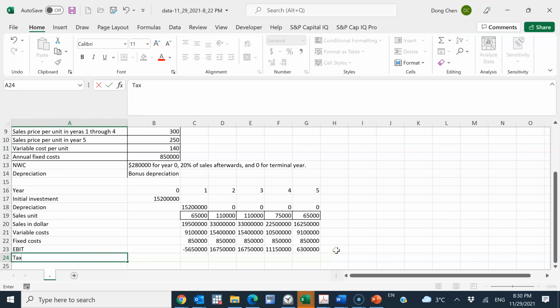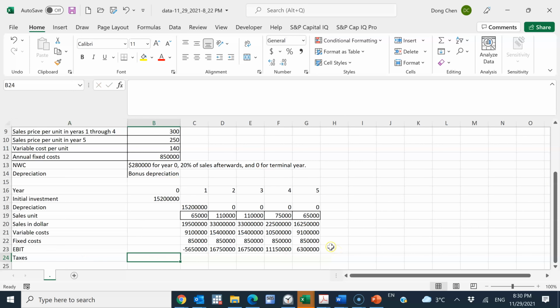All right, so the taxes will be based on EBIT. Normally taxes are based on EBT, right? Because EBIT is earnings before interest and taxes. And after deducting interest from the EBIT, we get to the EBT, which is the taxable income. And taxes will be based on the taxable income.